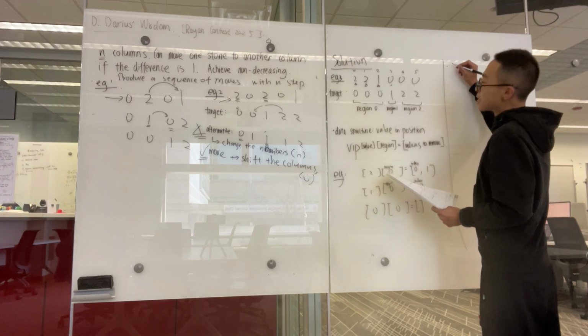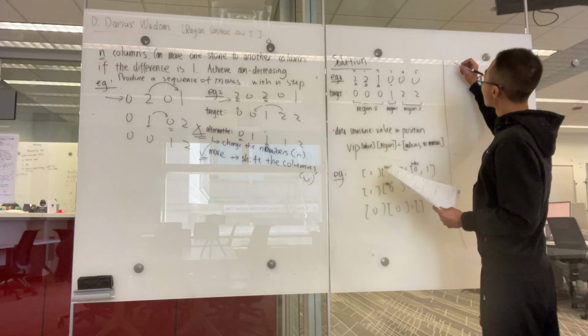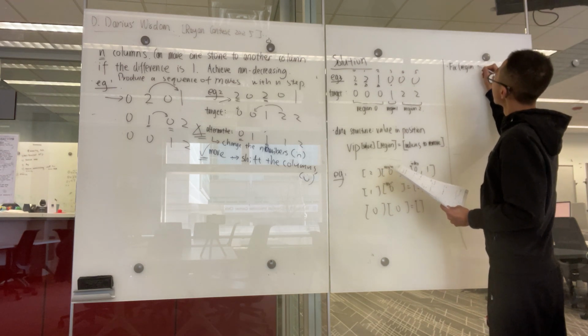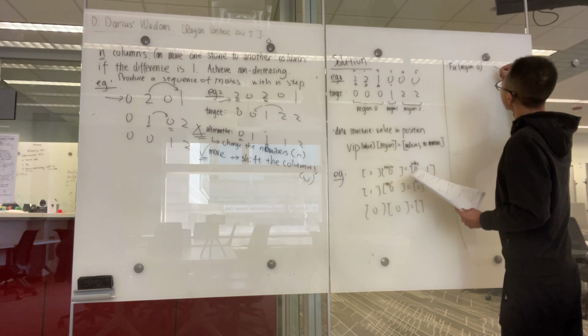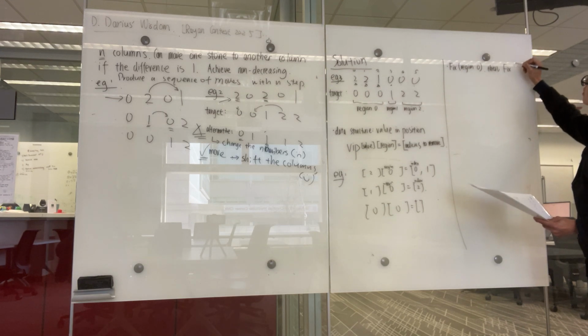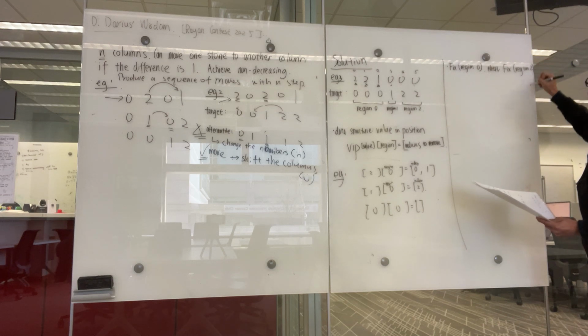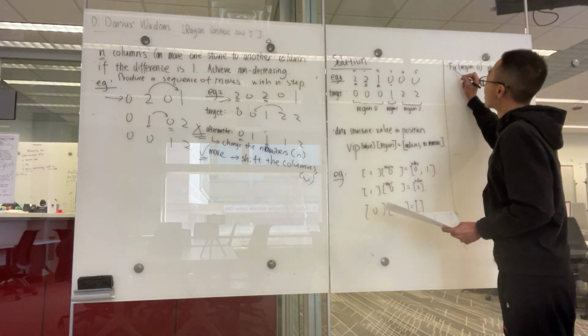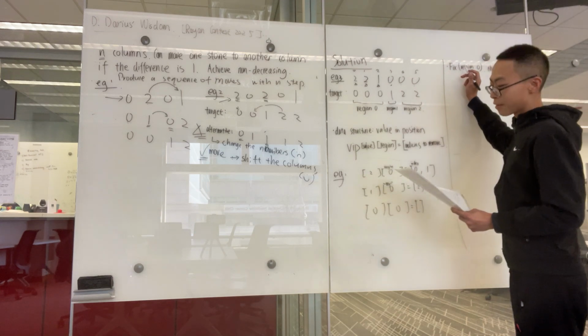Therefore, the algorithm is as follows. Fix region 0, then fix region 2. Now it becomes how to write the fix function.